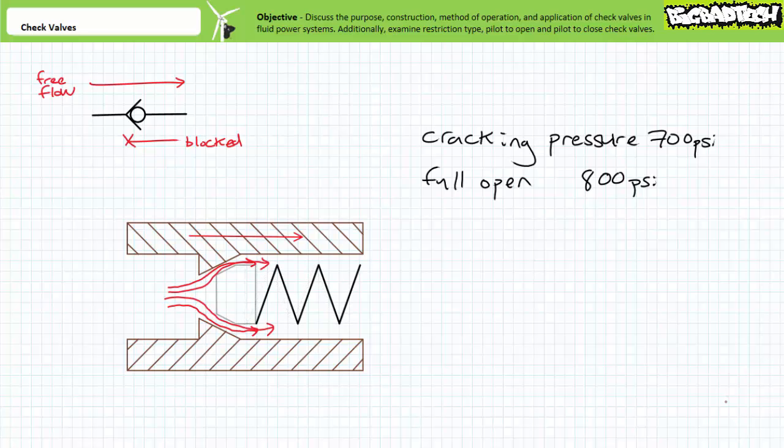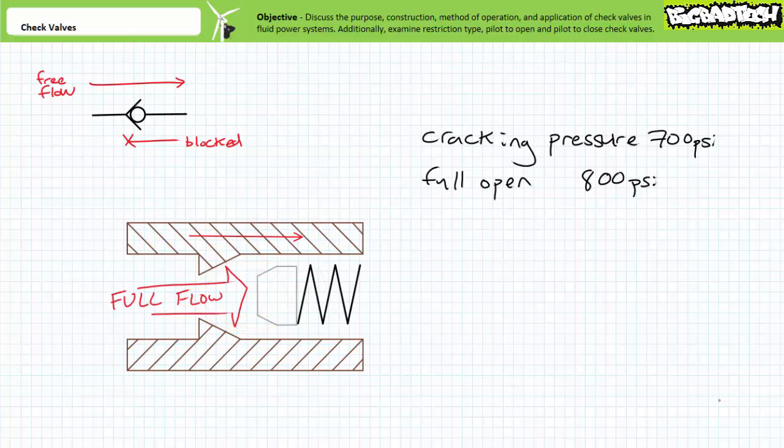As pressure rises from 700 to 800 psi, the poppet opens more and more and diverts an increasing portion of flow to the tank. Finally, when pressure hits 800 psi, the check valve fully opens and diverts all flow to tank. This system is therefore limited to a maximum pressure of 800 psi.